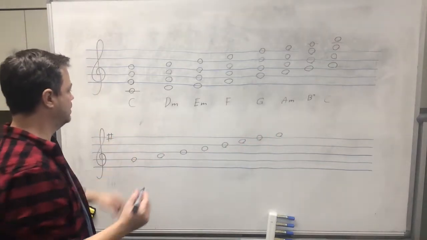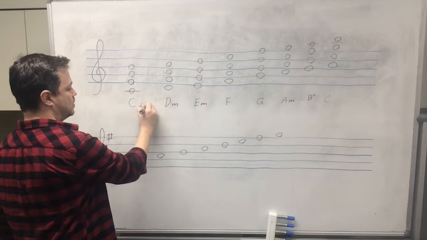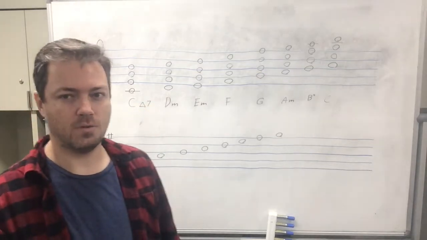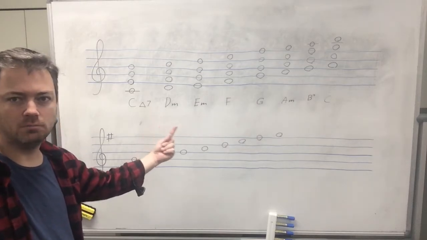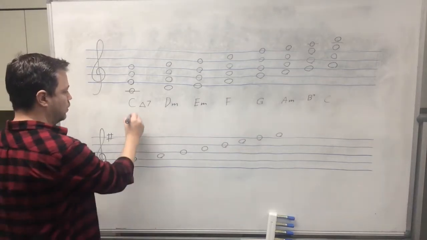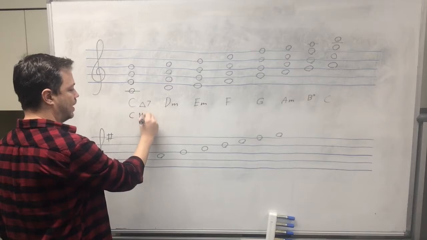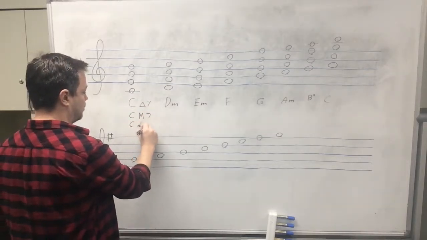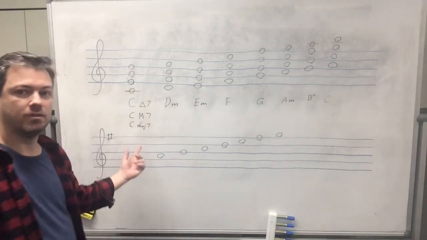So the first one is C major 7. Now don't forget, there are many different ways of writing major 7. I like to use a triangle. There it is, triangle. You can also get C capital M7, and quite often, C major 7.